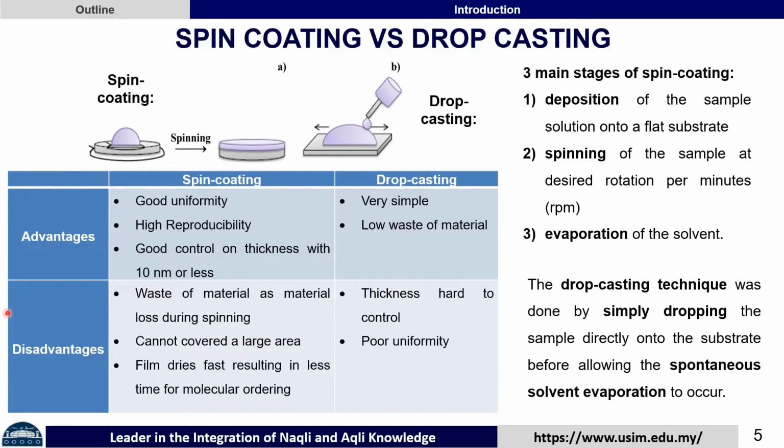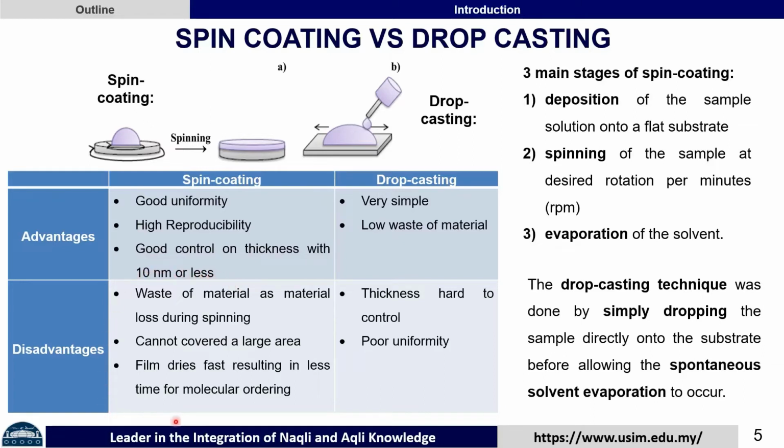This table summarizes both the advantages and disadvantages of spin coating and drop casting. For example, spin coating usually gives a film with good uniformity, high reproducibility, and good control on the thickness, with 10 nanometers or less.